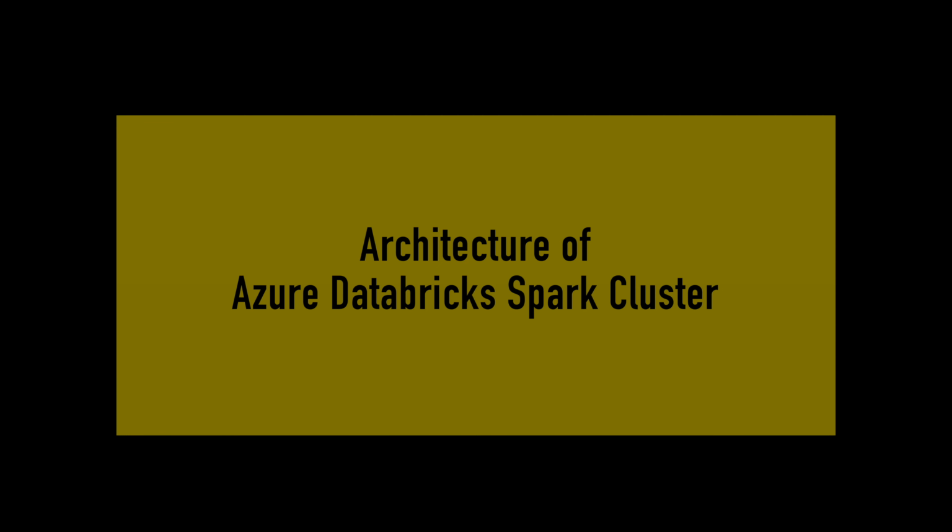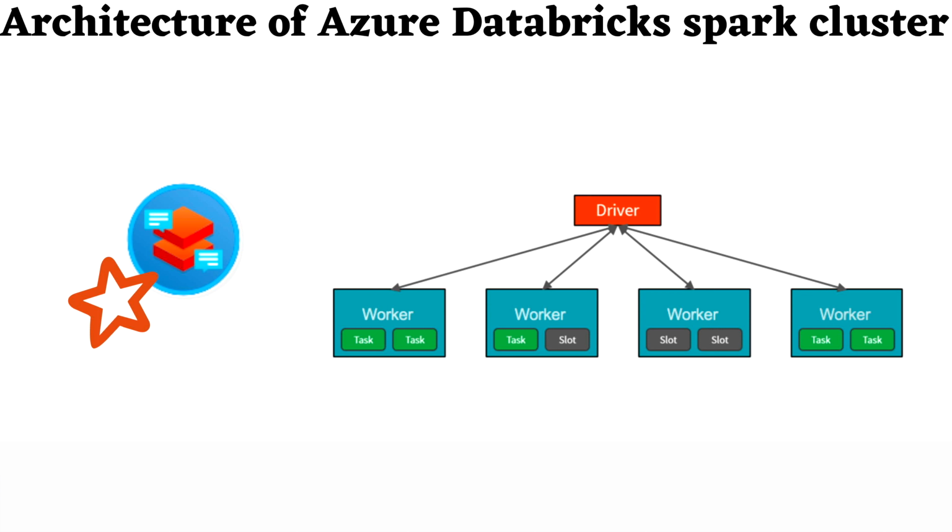Using a master-worker type architecture that you can see right now, clusters allow processing of data to be parallelized across many computers to improve scale and performance. They consist of a Spark driver, which is the master, and worker nodes. The driver node sends work to the worker nodes and instructs them to pull data from the specified data source.